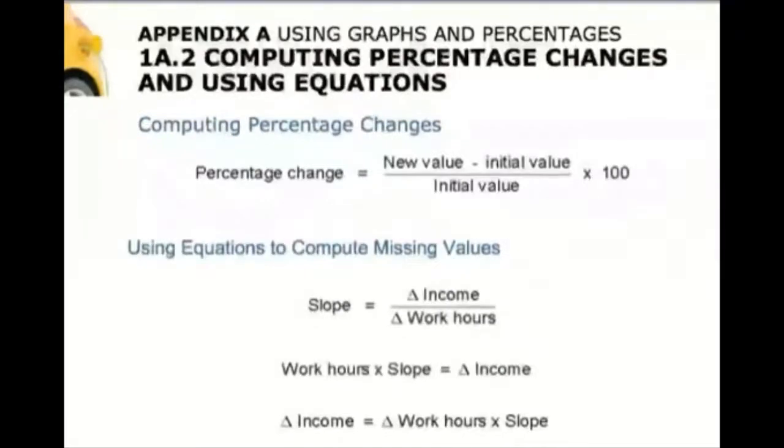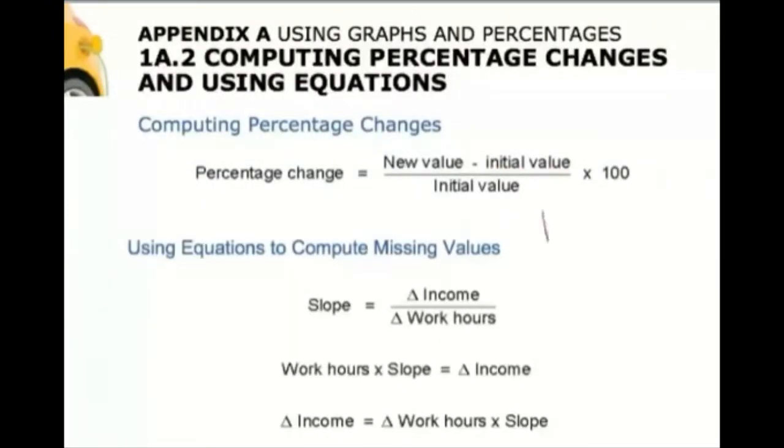And finally, we want to be very adept at computing percentage changes. Right? So when we look at two variables, or one variable and two values of that variable, if we want to calculate the percentage change, we need to look at the new value of a variable minus its initial value. An example we might look at is the price of a good or a service.